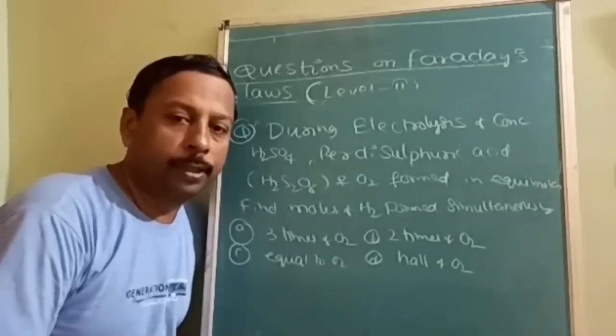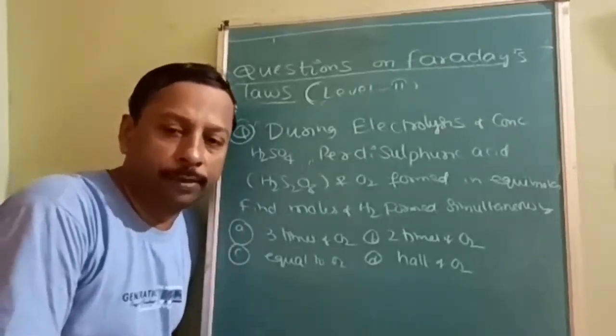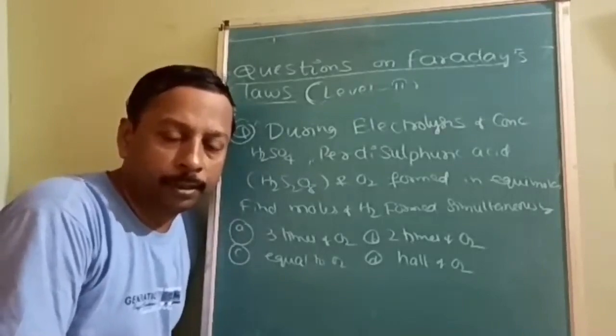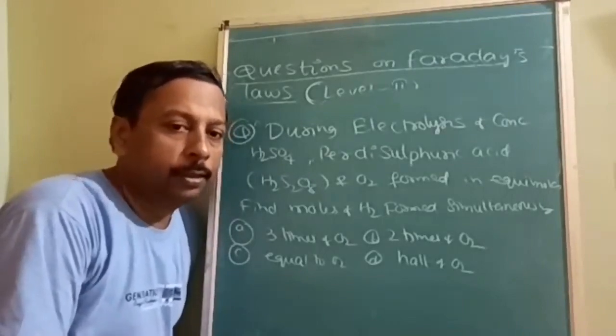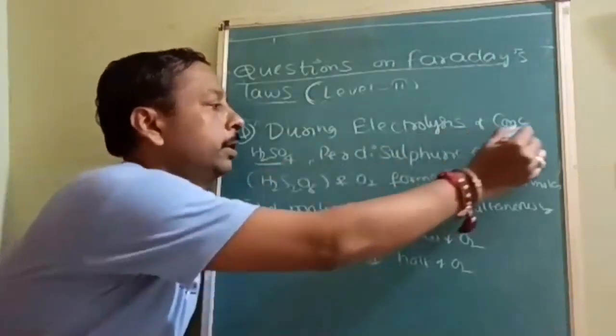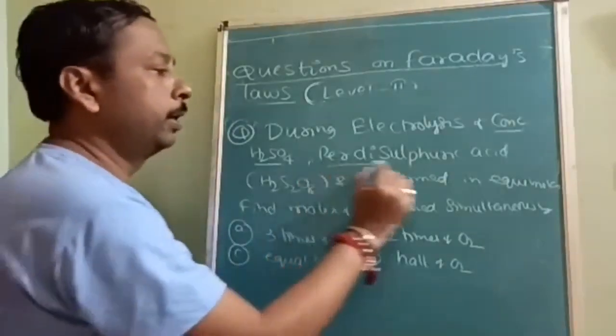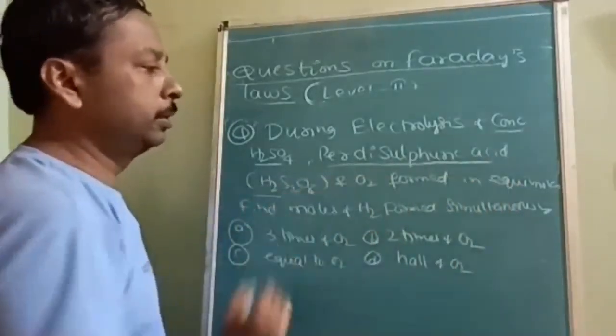Okay, next question is here. This is also based on the stoichiometric coefficient. During electrolysis of concentrated sulfuric acid, peroxydisulfuric acid and oxygen are produced.